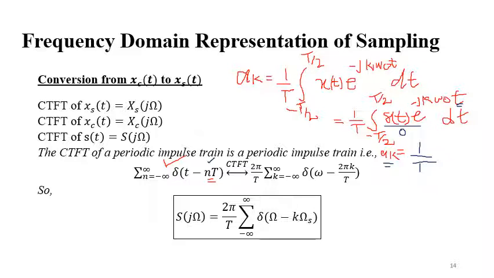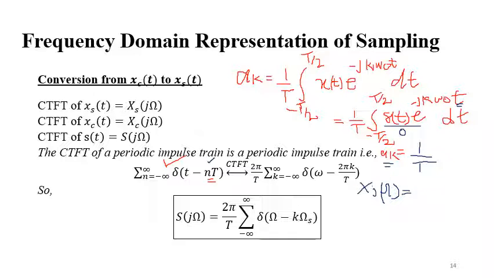The next thing is how to find the Fourier transform from the Fourier series coefficients. To find the Fourier transform for the given Fourier series coefficients, we say X of j omega equals, rather we'll write capital omega because the book follows this notation, X of capital omega. Capital omega is for the continuous time signal frequency.